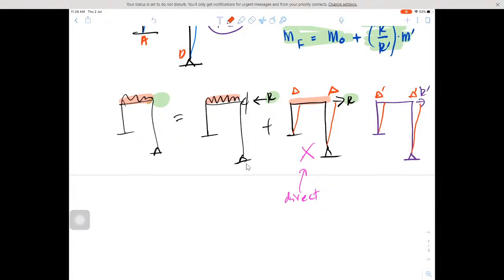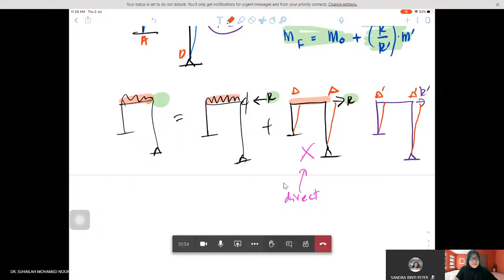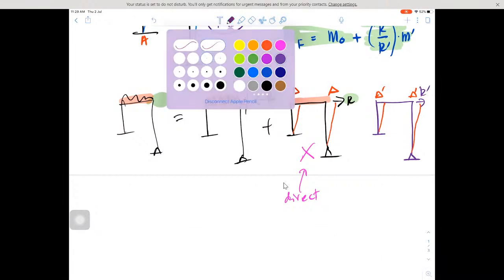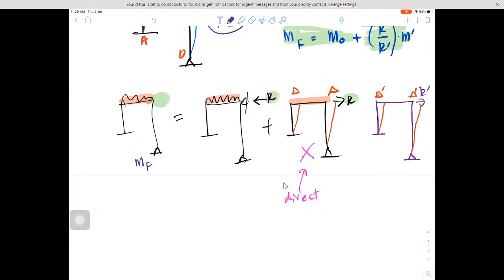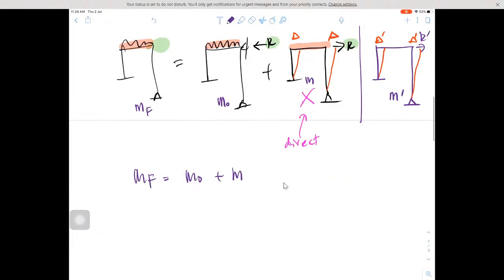If this one is M final, this one is M naught, this one is M, this one is M prime, because R prime produces M prime and R produces M. So we compare them together using the principle of superposition. M final is equal to M naught plus M.